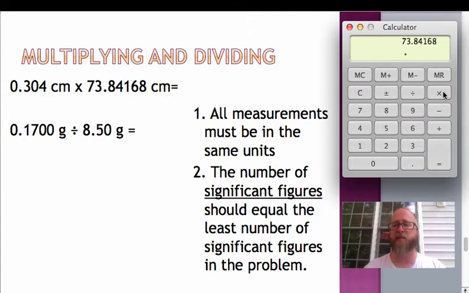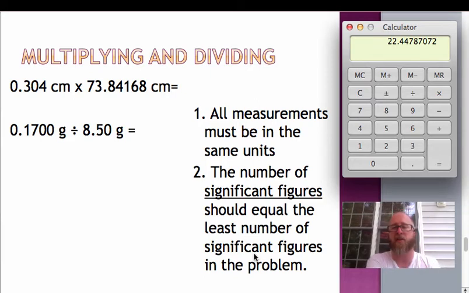All right, so let's see what the calculator tells us. Holy cow, that's a lot of numbers. So we have 22.44787072 as our answer.